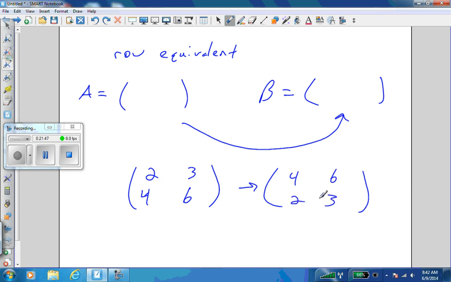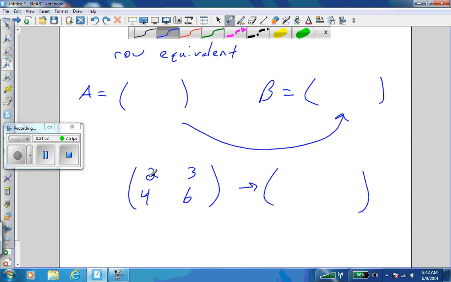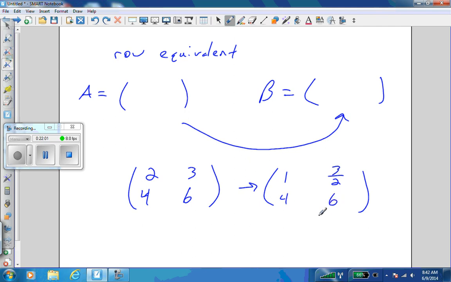We can attain this matrix from that one just simply by swapping their rows. If we wanted to get a 1 here, we divide each of those by 2. So we can attain this matrix from that one. So they're said to be row equivalent.